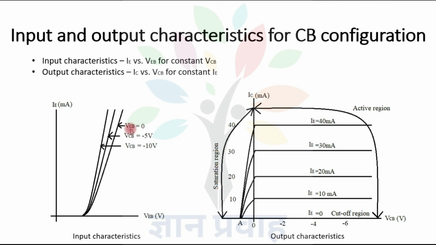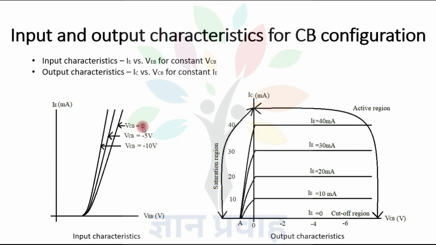Here we are taking VCB as 0, VCB as minus 5 volt and VCB as minus 10 volt. It means VCB is increasing in the reverse direction. So in case of common base configuration, the first condition is that the emitter to base junction must operate in forward bias.